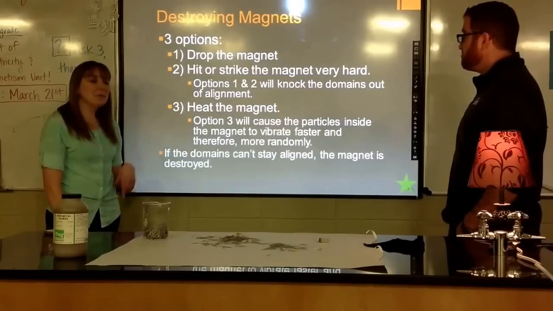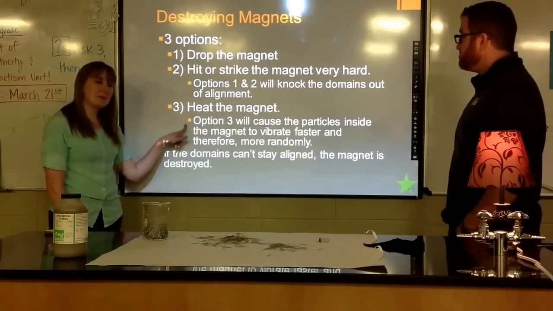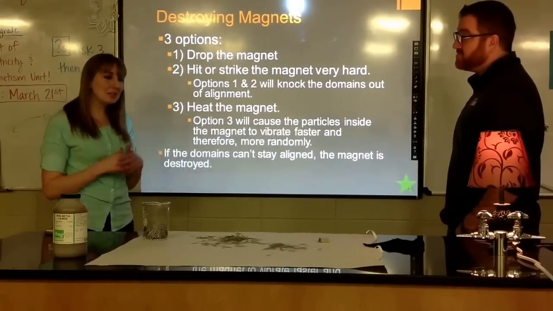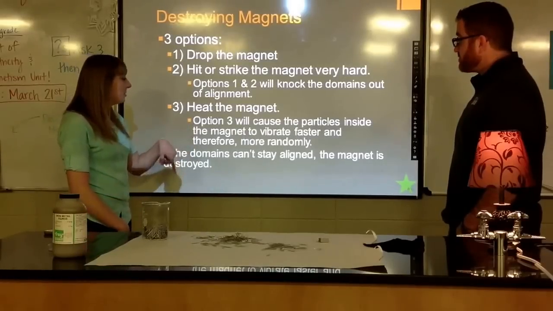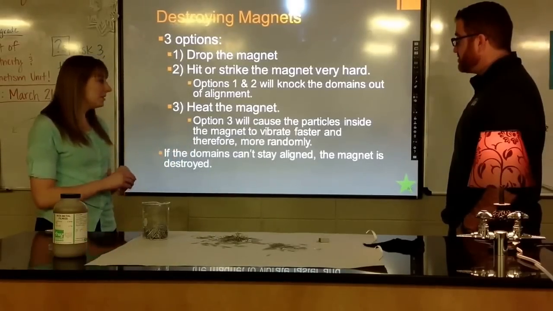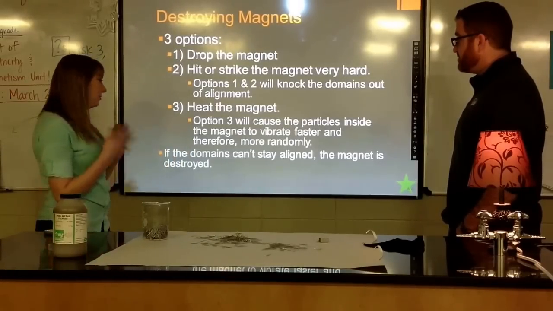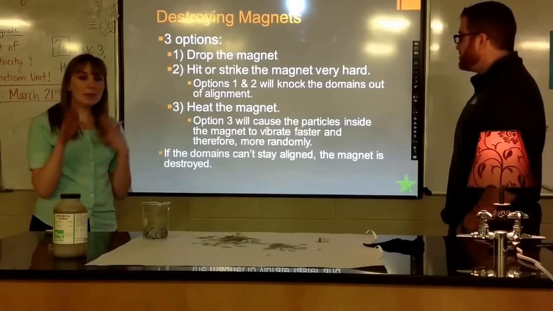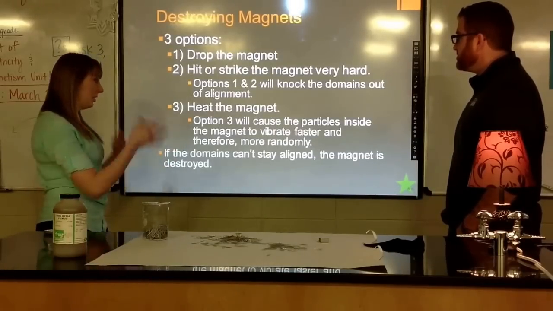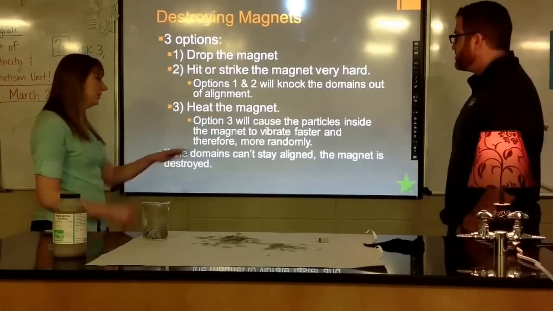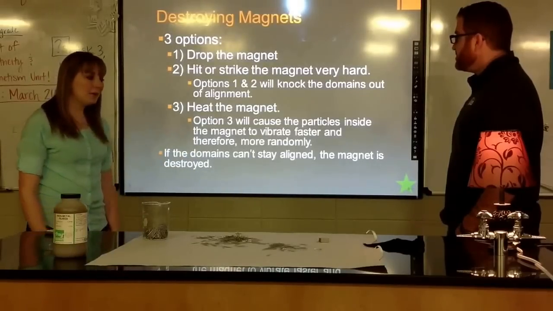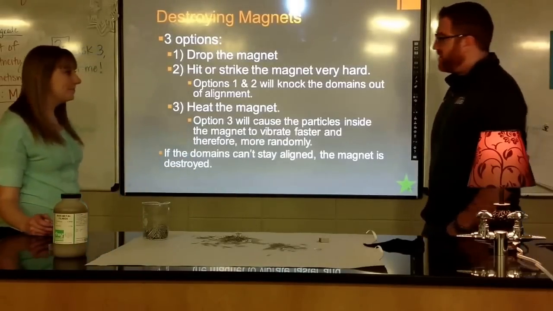If we heat up the magnet, you guys might remember this if you did some chemistry in 7th grade, it's going to cause the particles inside to vibrate and move faster and more randomly, and then those domains aren't going to stay aligned here either. So it's all about the domains. Interesting.